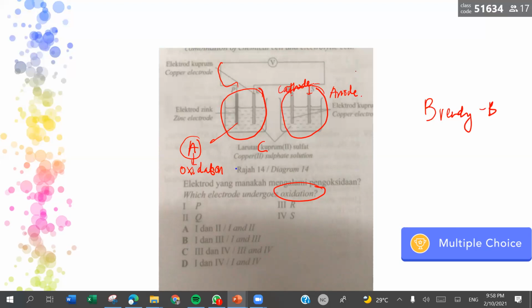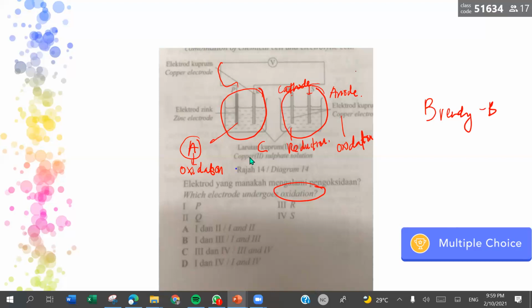So this is something that you all must understand. It's something that you all must know, the concept, okay? So here, my S will be the one undergoing oxidation. And here will be the one undergoing reduction. Are you following, teacher, so far?